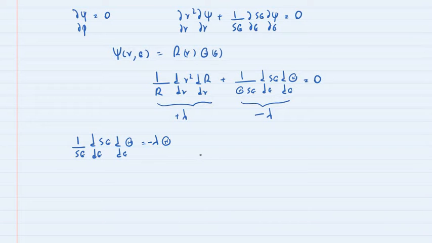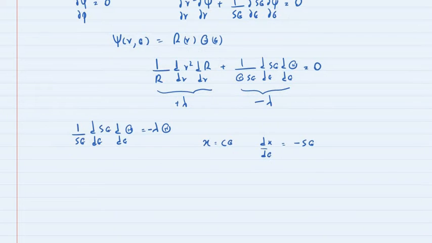Now let's use this substitution. x is equal to cosine θ, which means dx/dθ is equal to minus sin θ.